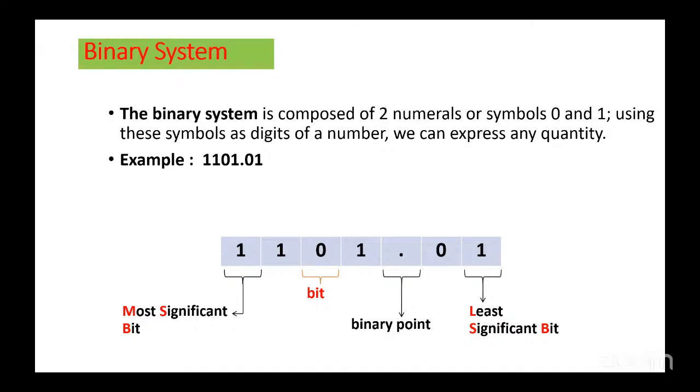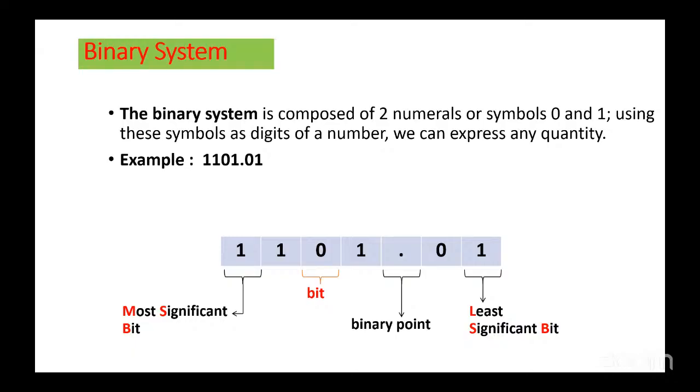How are we going to read out this binary number? Here, 1101.01, like that you have to read it out. Not as one thousand one hundred and one. Getting my point? If you consider it as thousands, hundreds, tens, ones, that is not correct.